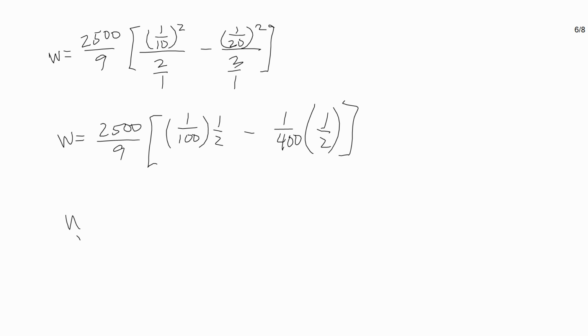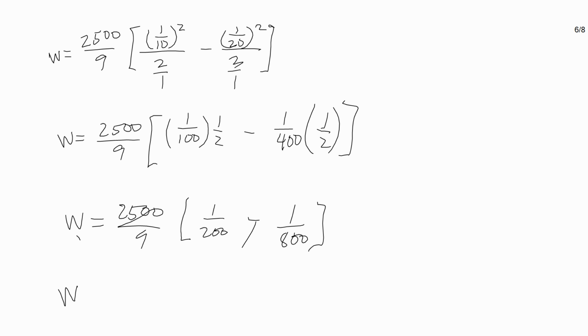That's going to be W is equal to 25 over 9 multiplied by 1 over 200 minus 1 over 800. And that's going to be what? 4 over 800 minus 1 over 800, 3 over 800. So W is equal to 2,500 over 9 multiplied by, what did I say? 3 over what? 800?